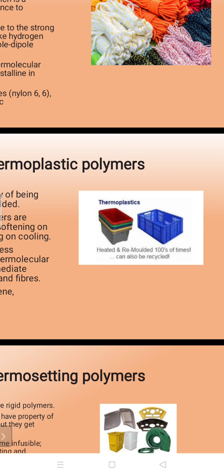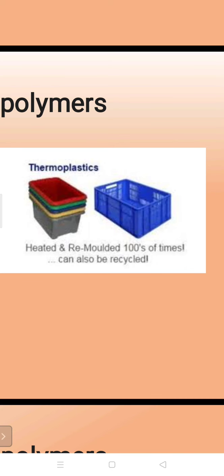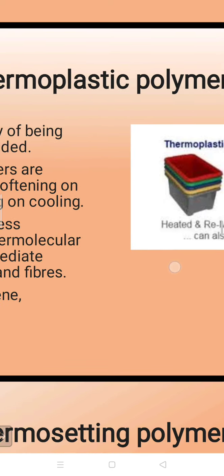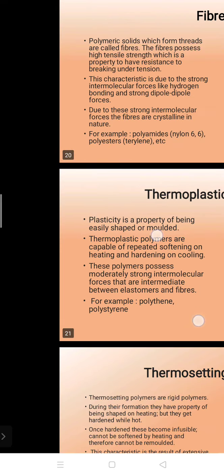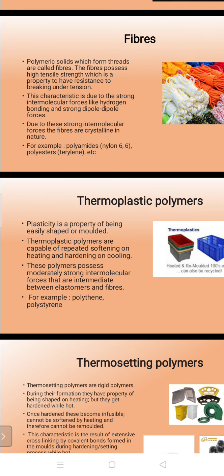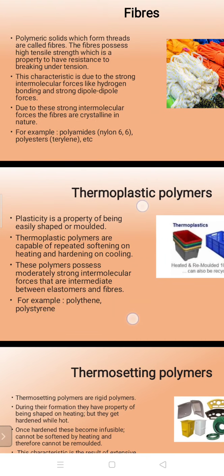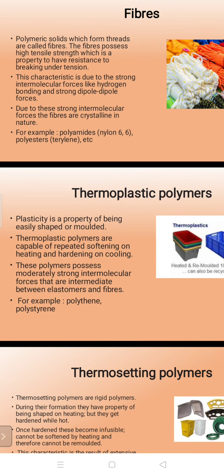These can also be recycled. Recycling means we can get the same type of material again by breaking it down. Then plasticity is the property of being easily shaped or molded. Molded polymers are very important, and nowadays they are required for household purposes.